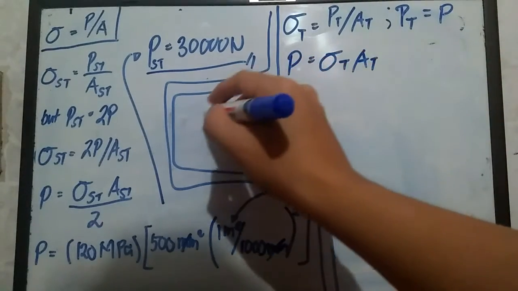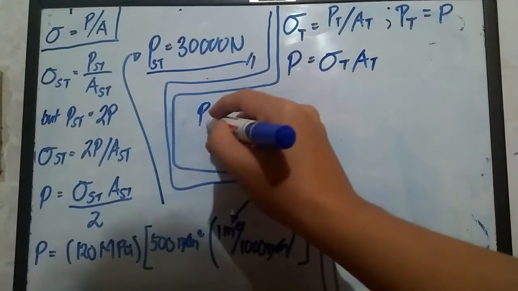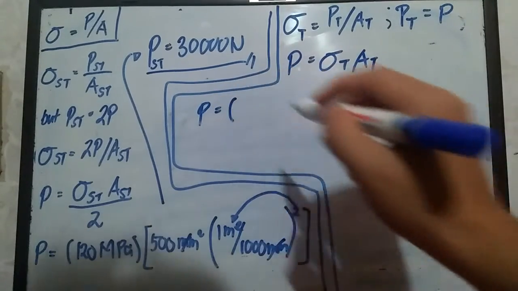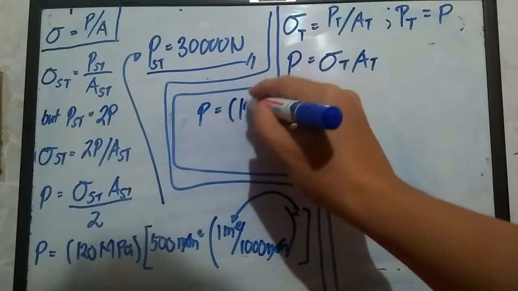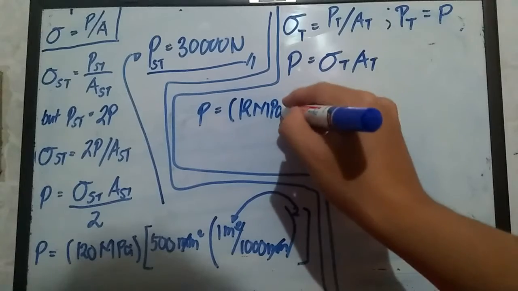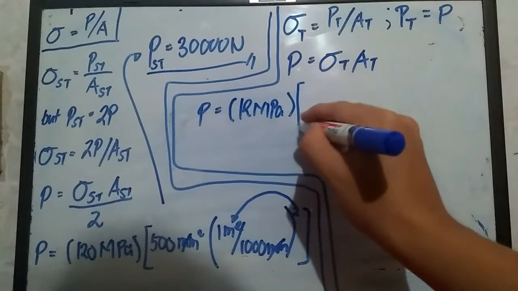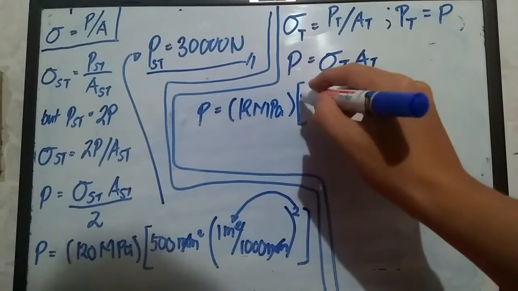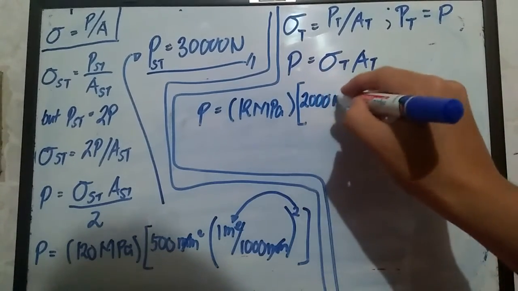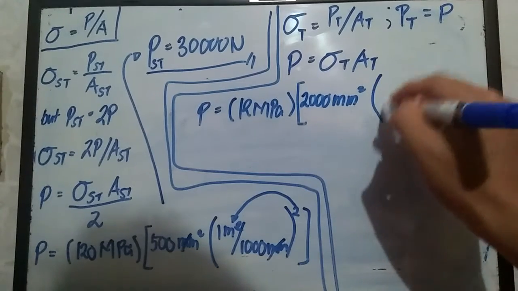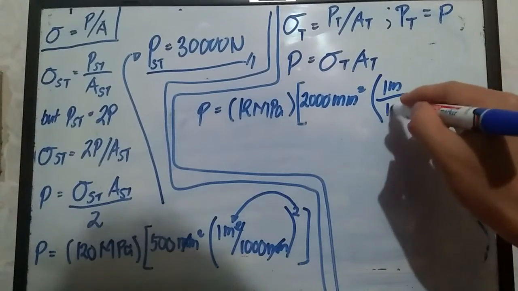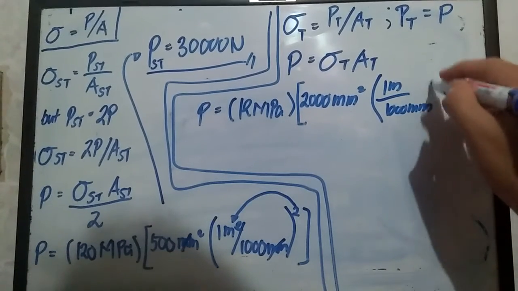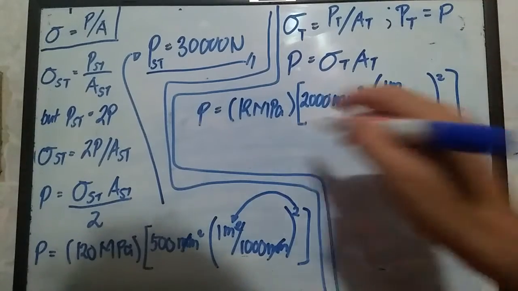The maximum allowable stress is 12 megapascals, so 12 megapascals multiplied by the cross-sectional area equivalent to 2000 square millimeters, then the conversion factor for every 1 meter there are 1000 millimeters, and then squared.